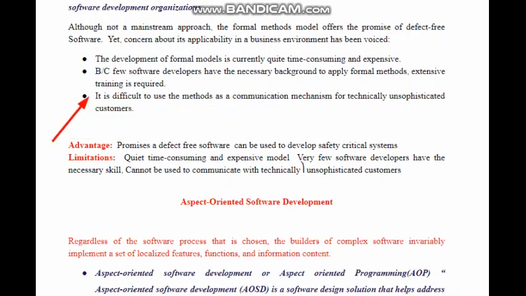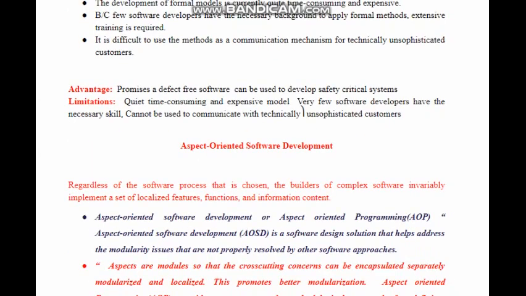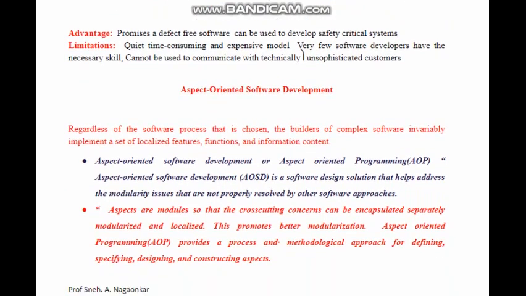See, we cannot every time explain the mathematical calculations to all the customers. So the developer plays a major role when any software development is carried out through the formal method. Let us see the advantages. It promises defect-free software, which can be used to satisfy customers by developing safety-critical systems. The limitations are that it is a quite time-consuming and expensive model.